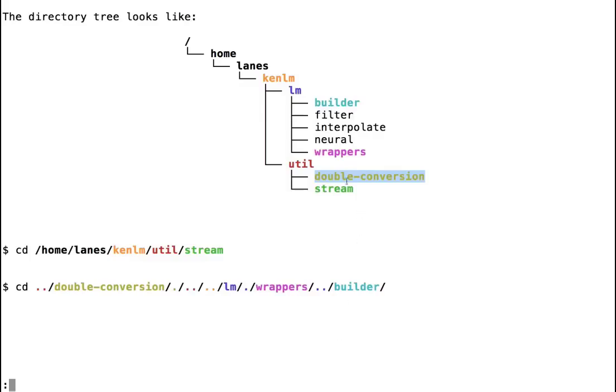The parent of double conversion is util. Thus, ../double conversion/./.. refers to the red node in the tree, whose absolute path is /home/lanes/knlm/util.